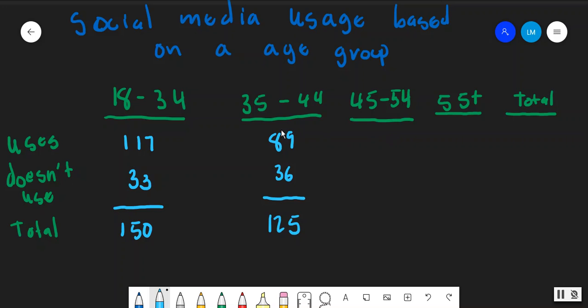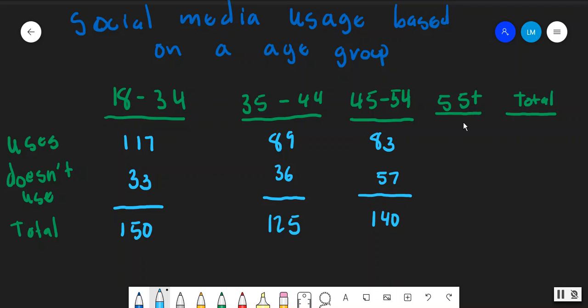Once we fill out more of the age groups, we start to notice a pattern. In the 45 to 54 age group, 83 said that they do and 57 said that they do not use social media, so this is 140.